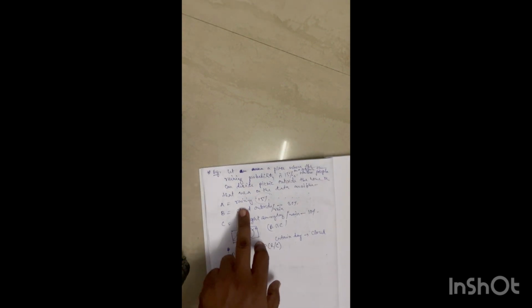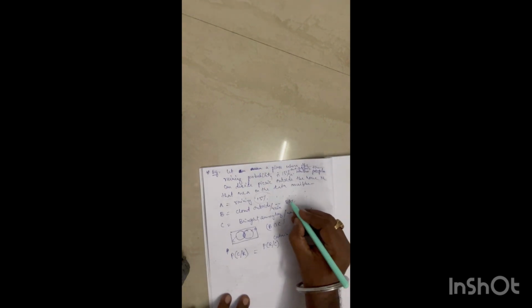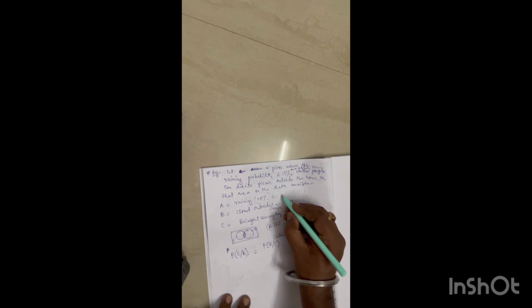Okay, this means if I follow the formula, the probability of getting, let's say A, is said to be raining. So this is P of rain, and this is P of cloud and rain, and this is P of bright and rain.